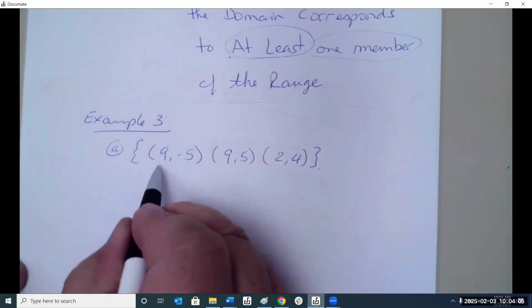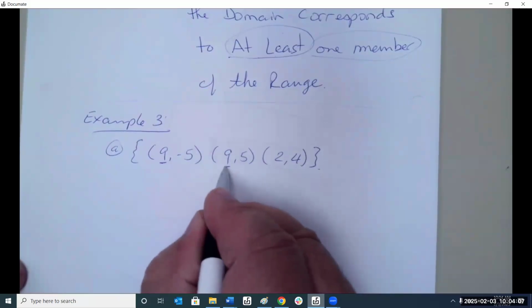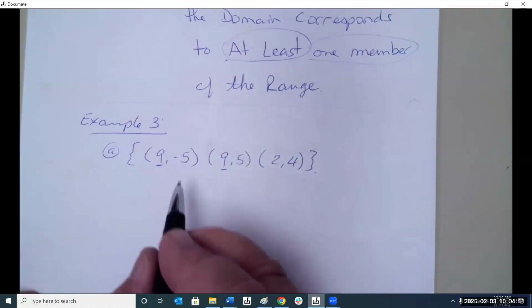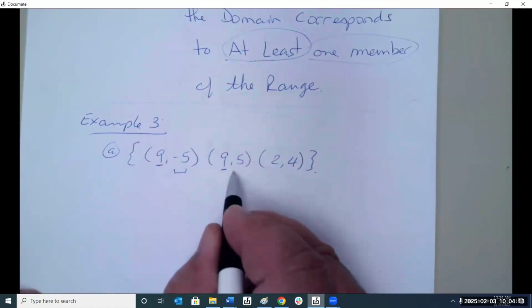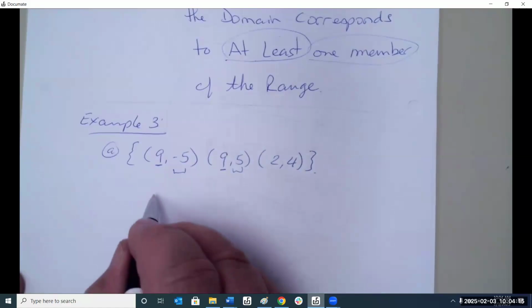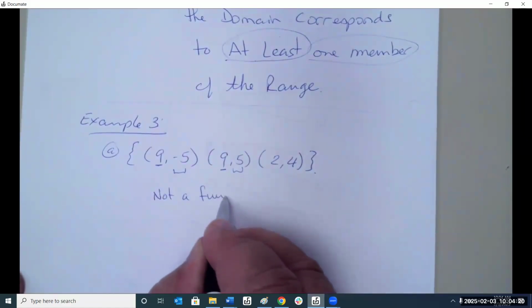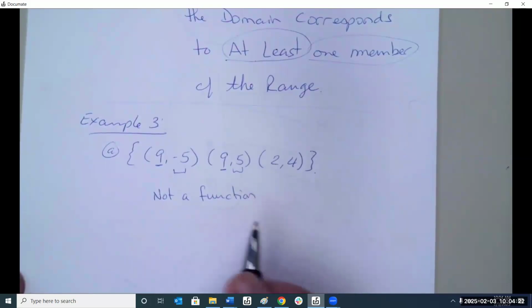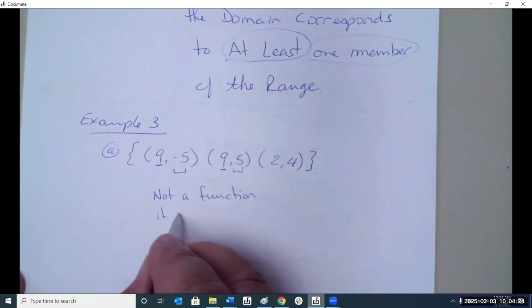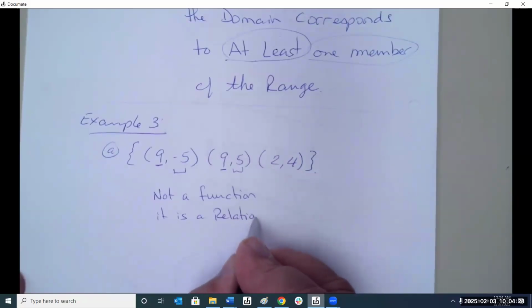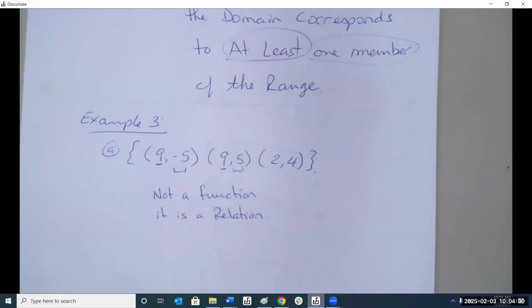Because if you have the same x values and the y's are different, it's not a function, it is a relation. Because one to one is a function, one to many is a relation.